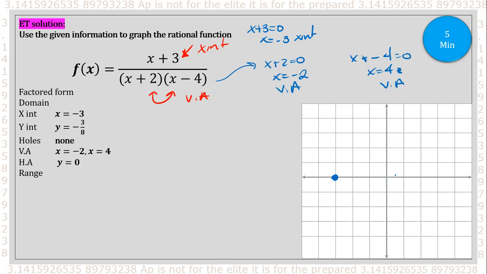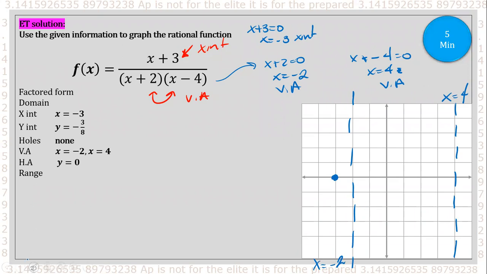So x equals 4 is right over here, and x equals -2 is right over here. That is another vertical asymptote.